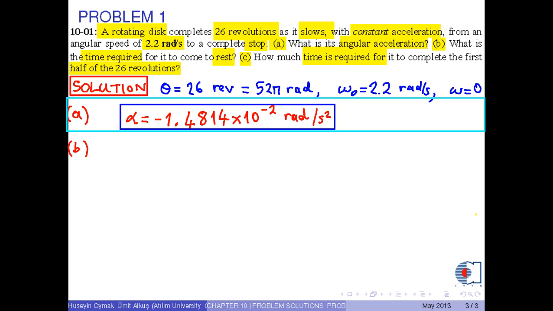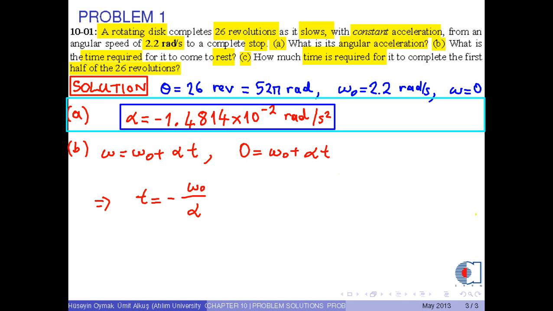In part B, we use this formula to find the time required for the rotating disk to come to rest. Here, the final angular speed is 0. Then we obtain the formula of time as t equals minus omega 0 over alpha.